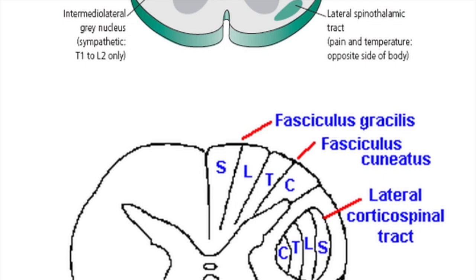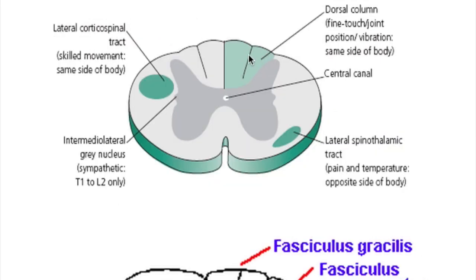Whereas the arrangement in the posterior columns is such that the sacral fibers are medial and cervical fibers are arranged laterally. So a lesion in the posterior column will produce defects in sense of position, pressure and vibration, and also fine touch will be affected on the same side of the body.